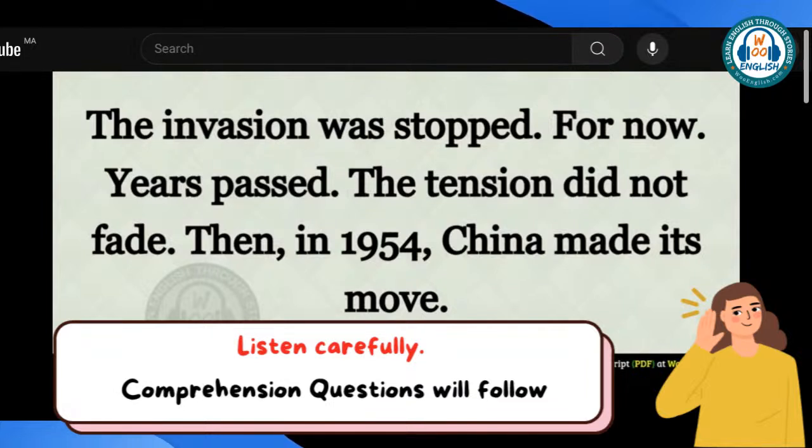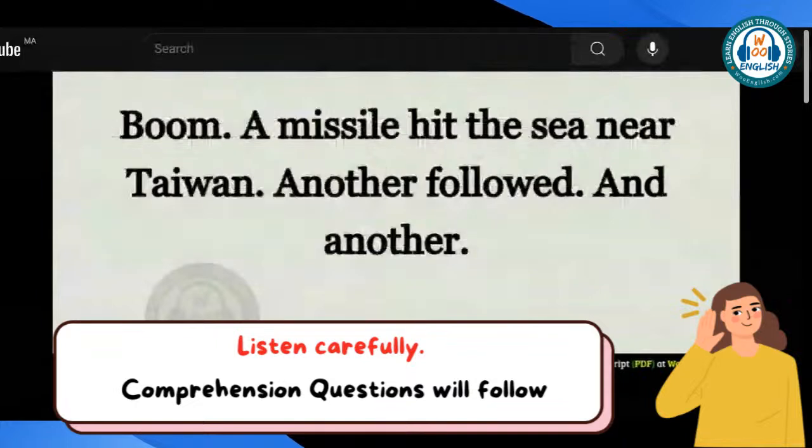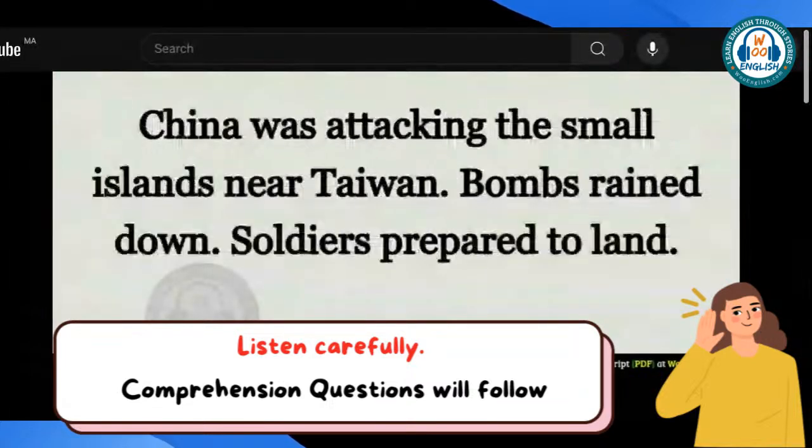Years passed. The tension did not fade. Then, in 1954, China made its move. Boom. A missile hit the sea near Taiwan. Another followed, and another. China was attacking the small islands near Taiwan. Bombs rained down.